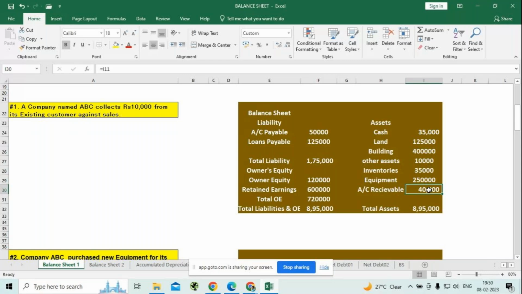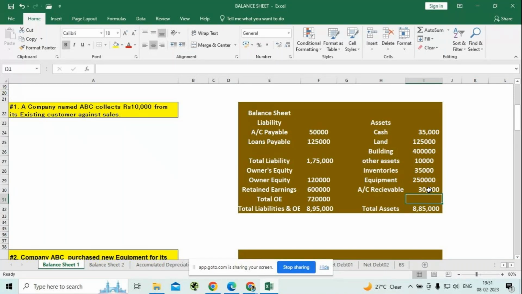F2 is to get the values and edit that cell. So minus 10,000. Good. So accounts receivable is going to get reduced. What we were supposed to receive, that 10,000, we have received it. So where is the other effect going to be?